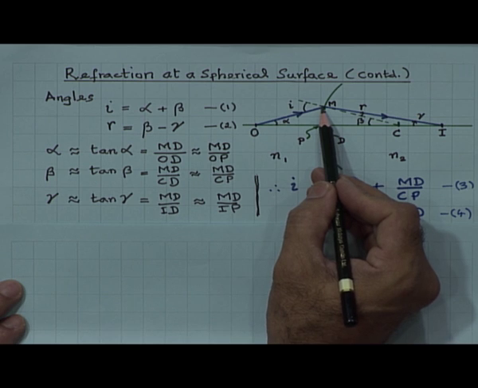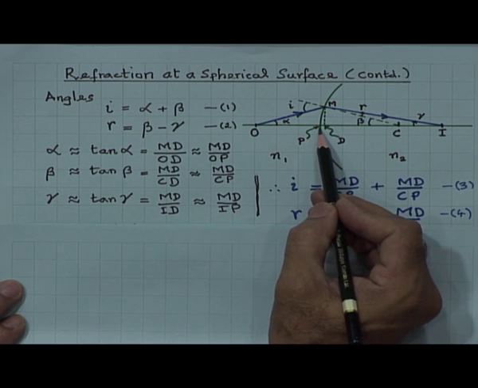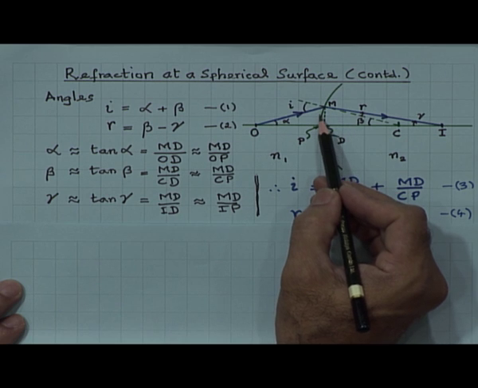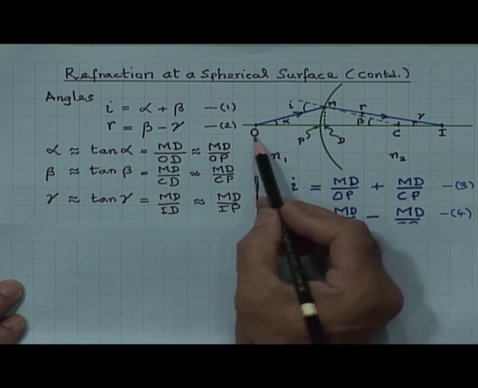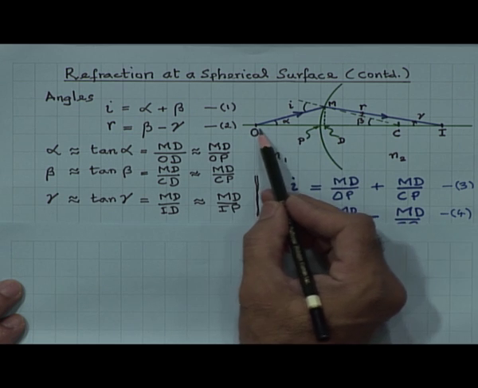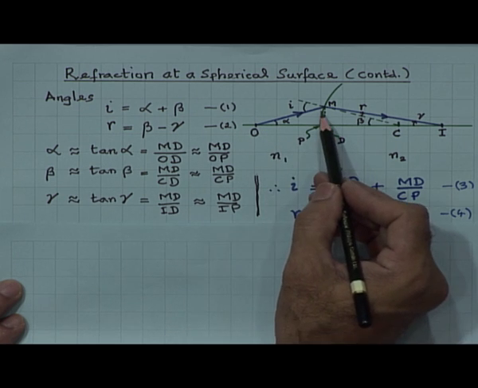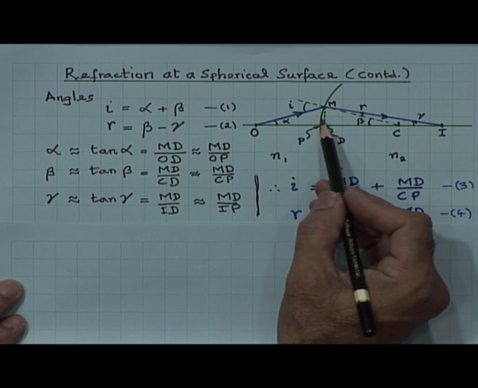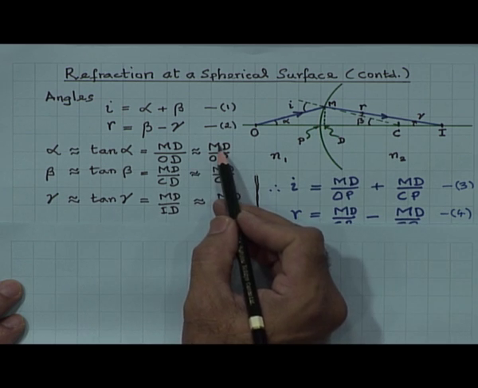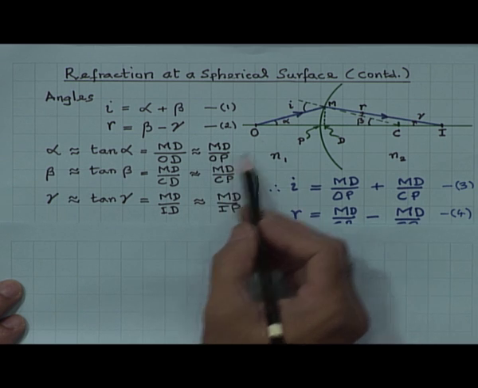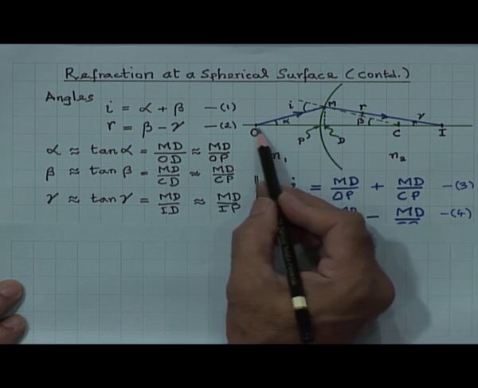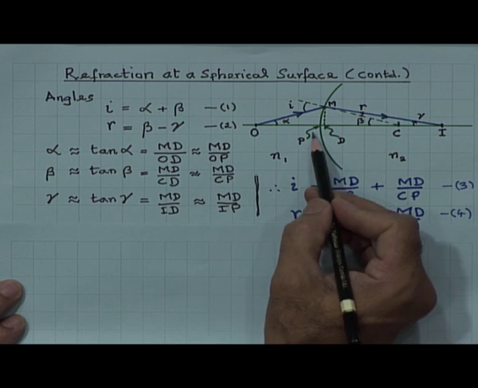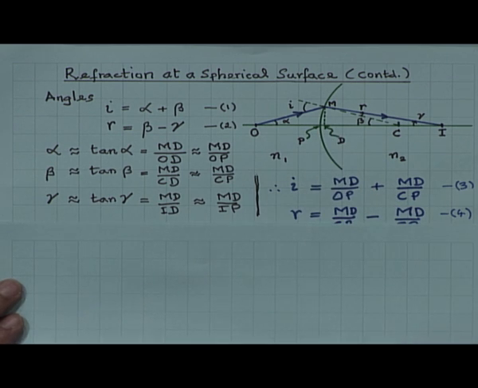But because the point M is close to the point P, that is, it is close to the axis, we can write OP is nearly equal to OD, and therefore, this is nearly equal to MD divided by OP. That is, we approximate OD by OP. This is true for a paraxial approximation, or when we consider small apertures.